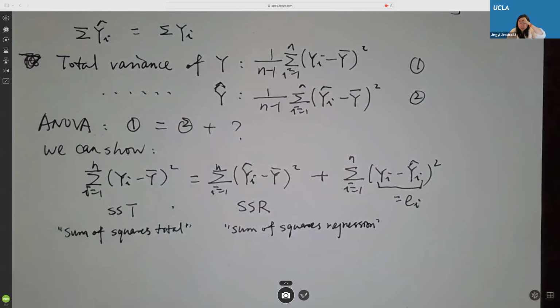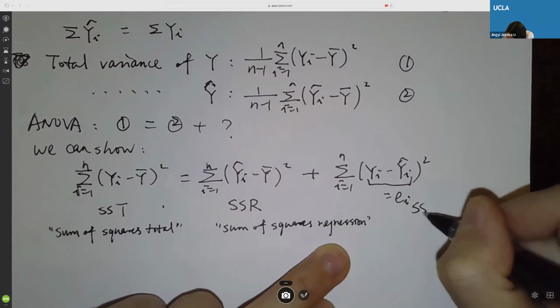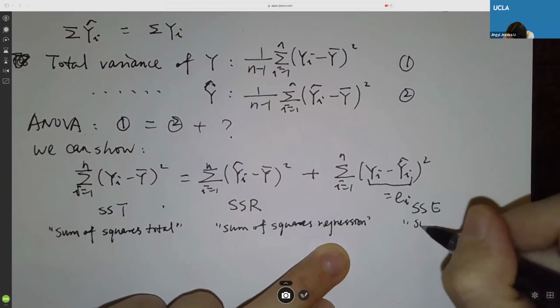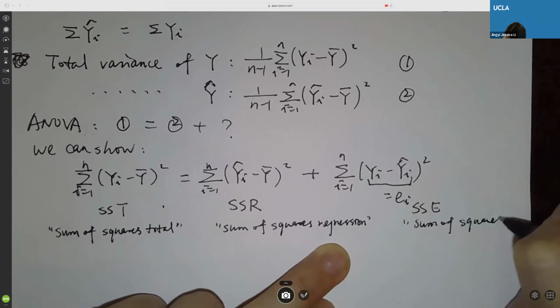Why is that? The reason is because we're using a regression model to predict our y, and we're using the predicted values instead of the original values to do the calculation. So we're using a model fitted value instead of the raw value total variance. And the third term is called SSE, sum of squares error.